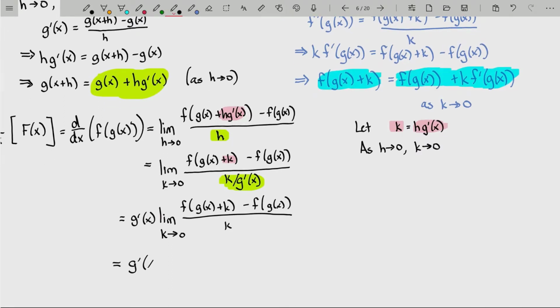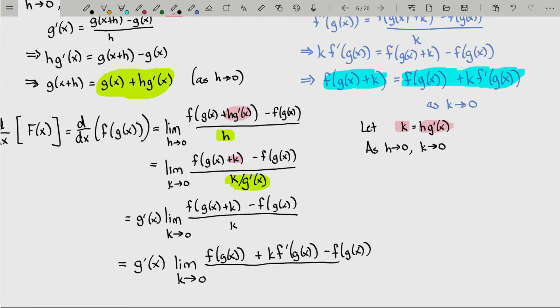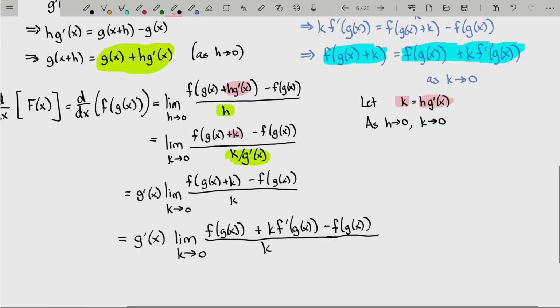This is g prime of x times the limit as k goes to 0 of, instead of that f of g of x plus k, it's going to be f of g of x plus k f prime of g of x. And then we still have this minus f of g of x hanging off the back, so I'll say minus f of g of x, and that's all over k.